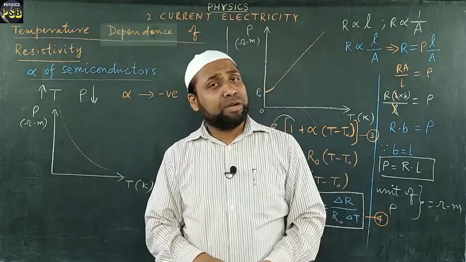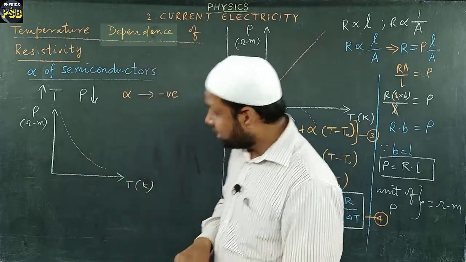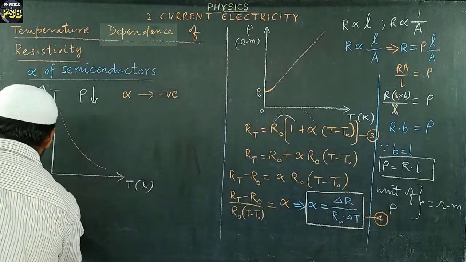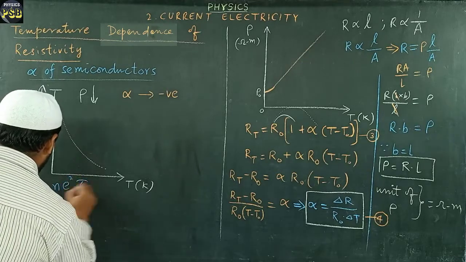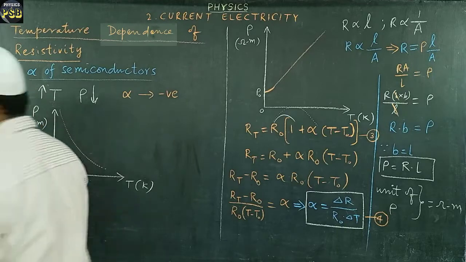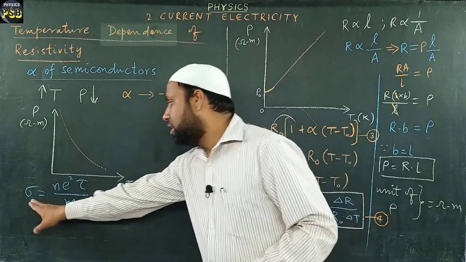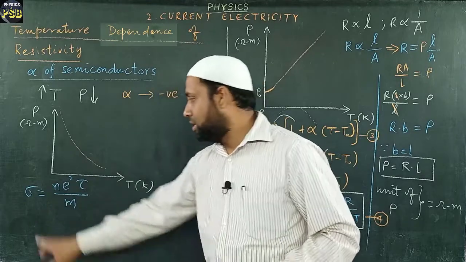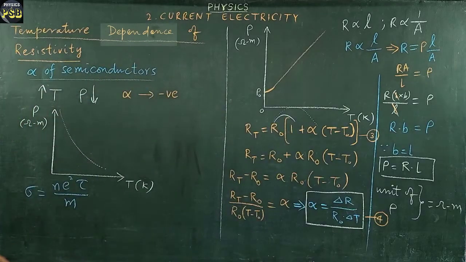Now the temperature dependence of a substance can be understood with the help of this equation. We know sigma equals n e square tau upon m. This is the equation we have obtained earlier, and this represents conductivity. Here sigma stands for conductivity. We know resistivity is the reciprocal of conductivity.